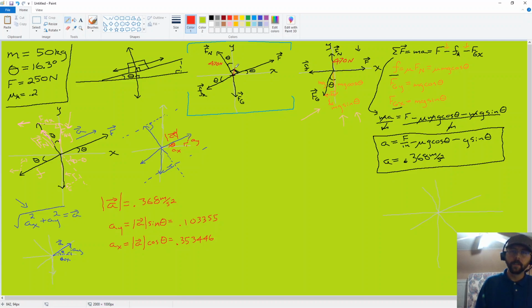This length right here, I also already know because I know F_g, which is just mg. So it's 50 times 9.8, and that is 490 newtons. And that is actually what tipped me off to realize that in this setup, this is the hypotenuse.